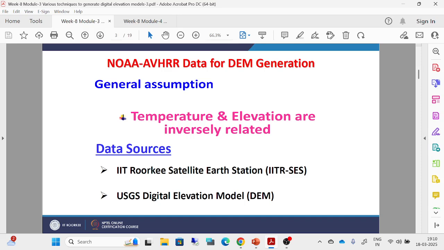This is NOAA AVHRR data, which is from satellites, used for DEM generation. The general assumption is that temperature and elevation are inversely related. This AVHRR is a very high resolution radiometer, as the name suggests.